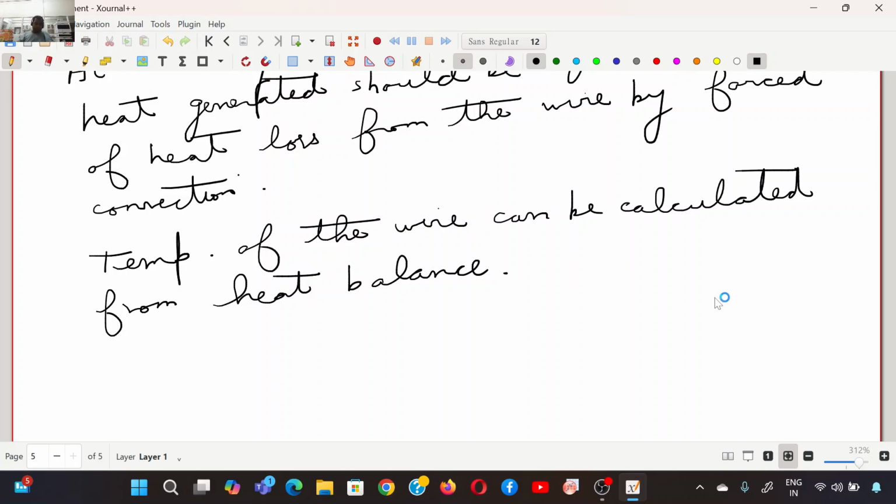And of course, for calculating the heat transfer coefficient, you have to apply a suitable correlation. And in this case, it is cross flow across the cylinder, right? So let's take the basis as one length. The last time we took 1 meter breadth. This time let us take the basis as 1 meter length of wire.